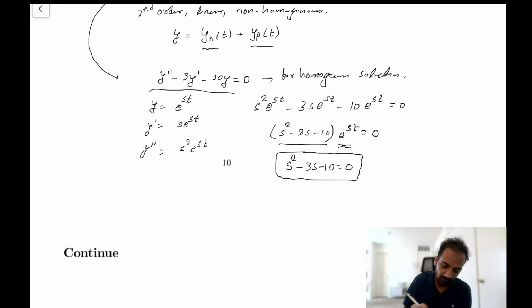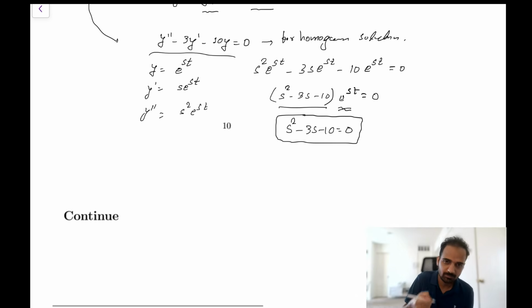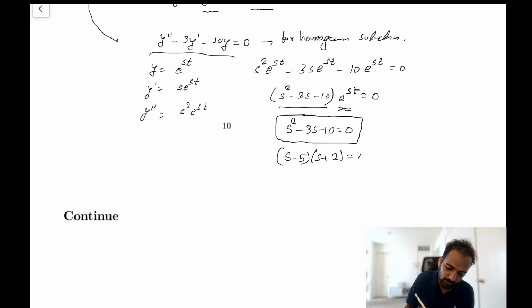This is also called the characteristic equation while solving ODEs. If you get the roots of this quadratic equation, you end up with the factors (s minus 5) and (s plus 2) equal to 0. That gives s equals 5 and s equals minus 2.